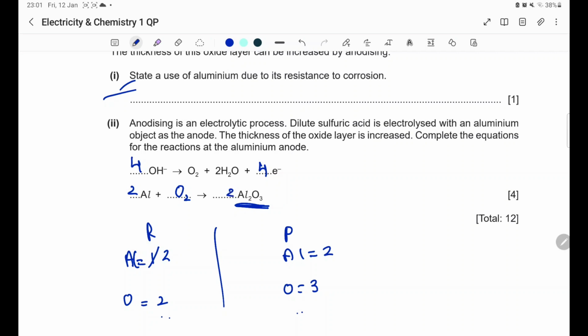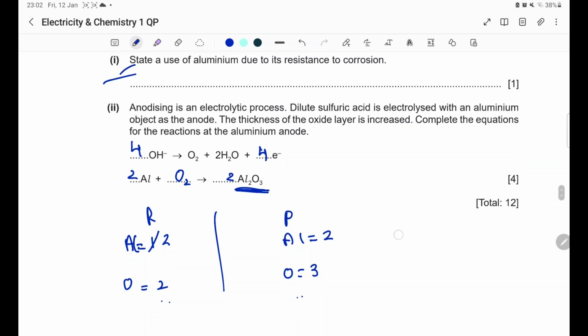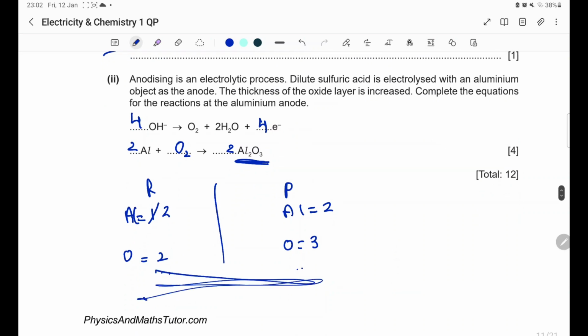We could put 2 here. One way to determine which one you're going to attack first, which one you're going to change first, is to try to change the odd number to an even number. So I don't want to touch this because this is even.